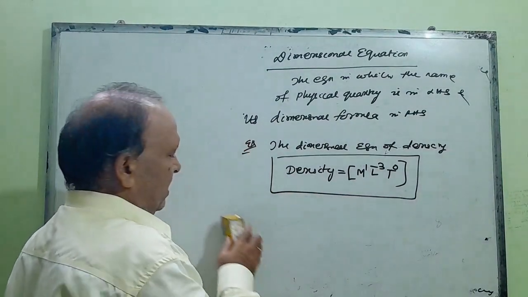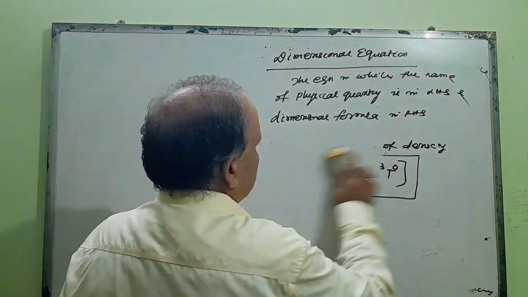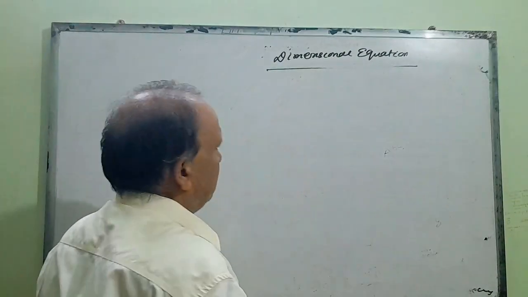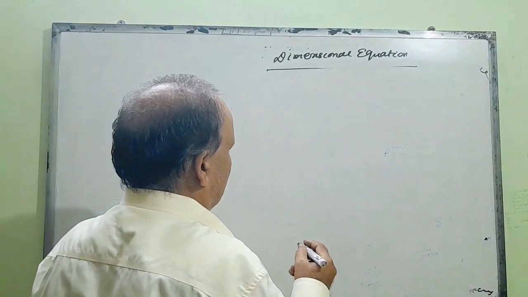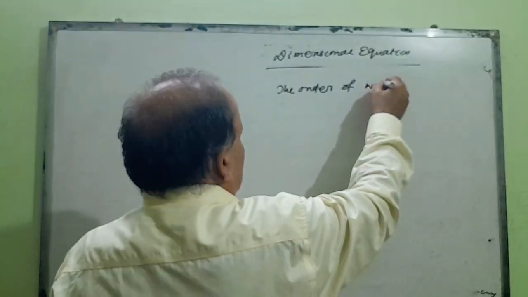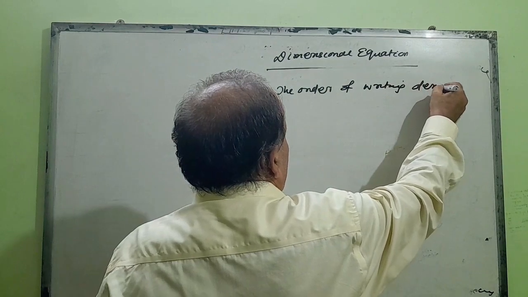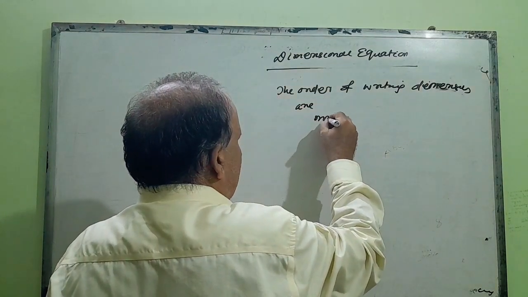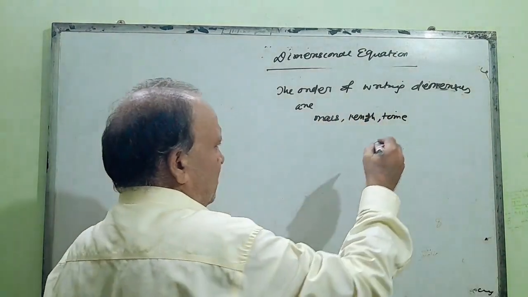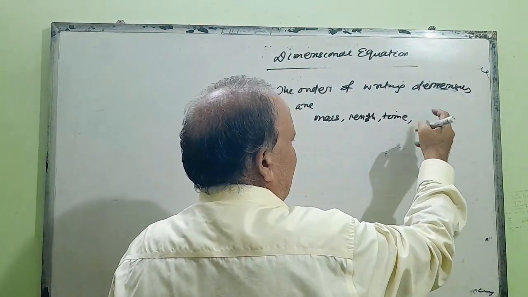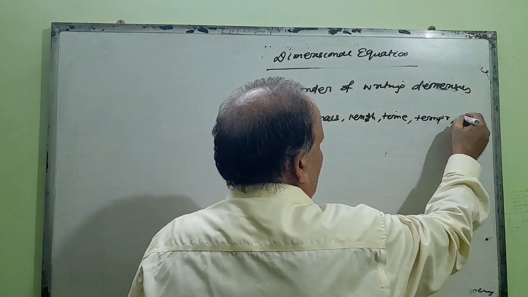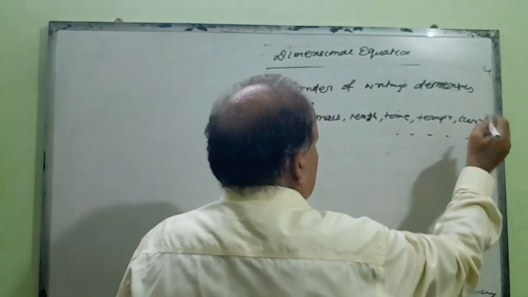While we write the dimensions of a physical quantity or a dimensional formula of a physical quantity, the order of writing is, first you write mass, length, time. Then you can write temperature or current and others.